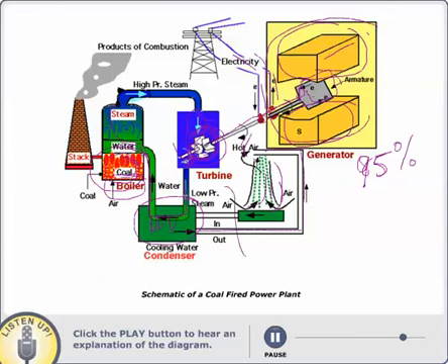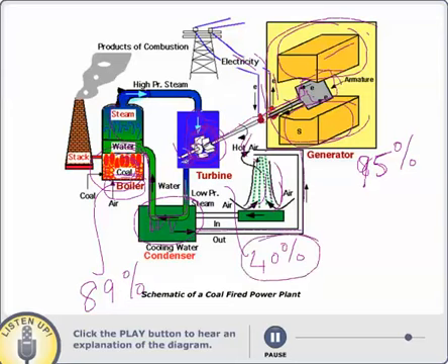And as I said, this turbine is only about 40% efficient, and this boiler is roughly about 89 to 90% efficient. So of all the three components, this is the least efficient component, and this is the most efficient component with 95% efficiency. That's how a simple power plant works.